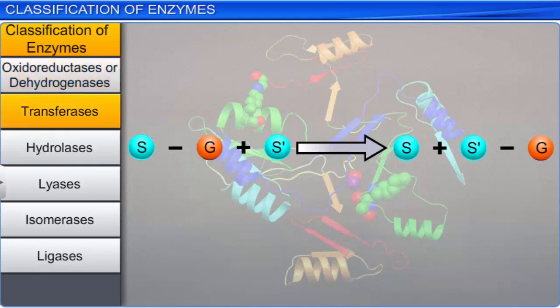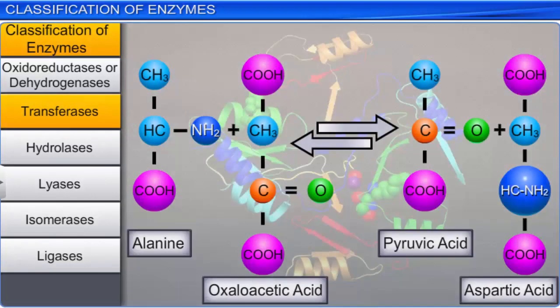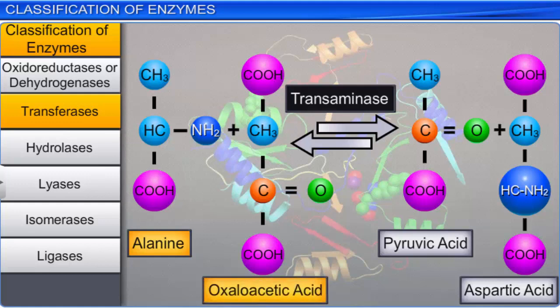These enzymes catalyze the transfer of a functional group G, other than hydrogen, between the two substrates S and S'. For example, the enzyme transaminase transfers the amino group from alanine to oxaloacetic acid, forming pyruvic acid and aspartic acid.